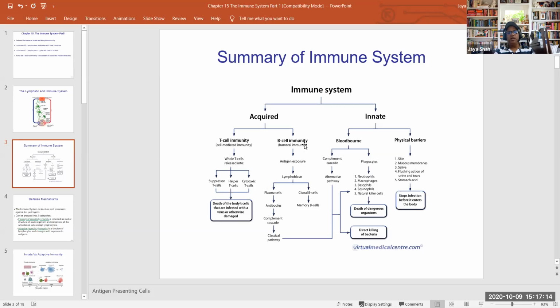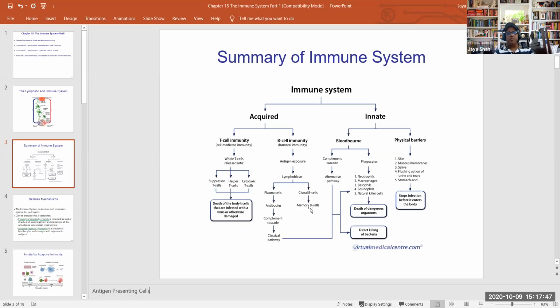Whereas B lymphocytes produce humoral immunity. That means once a B cell is exposed to antigen, it clones itself, divides, and produces a lot of baby white blood cells called lymphoblasts. Then these lymphoblasts change into two kinds of B cells, plasma B cells and memory B cells.